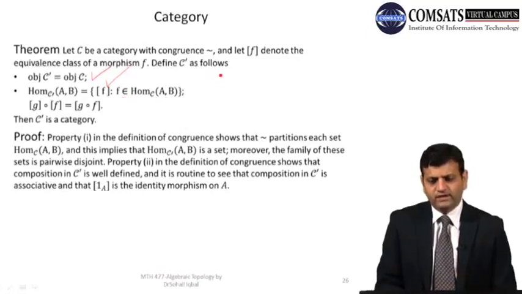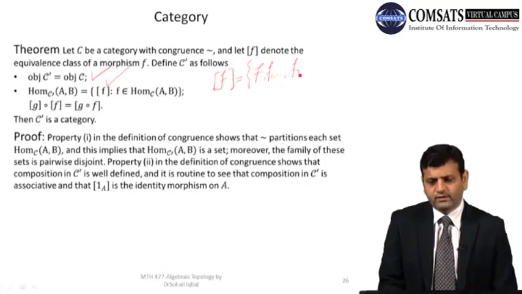So a class of elements, so for example f is a morphism from A to B and we are considering its class. Its class in general will have many elements, and of course we can represent this class by any of the elements.